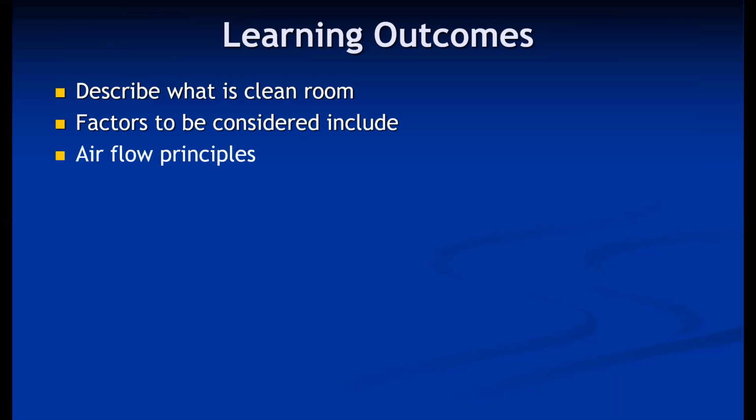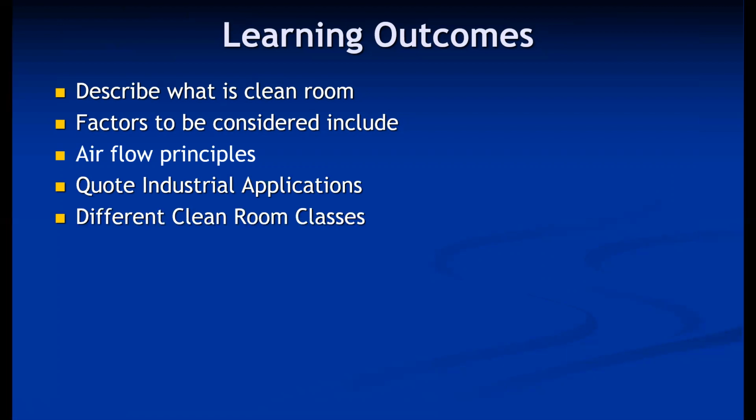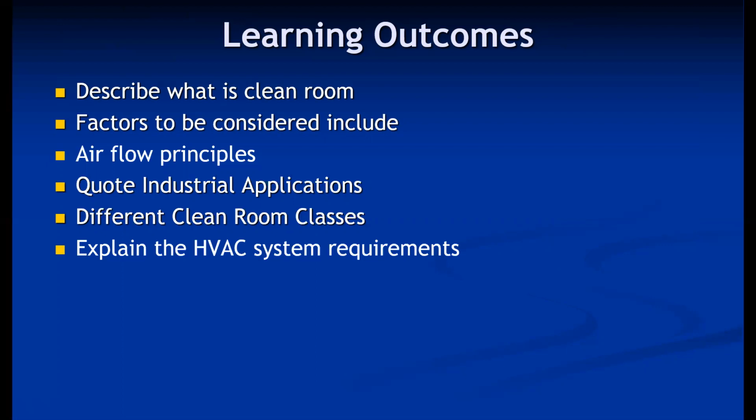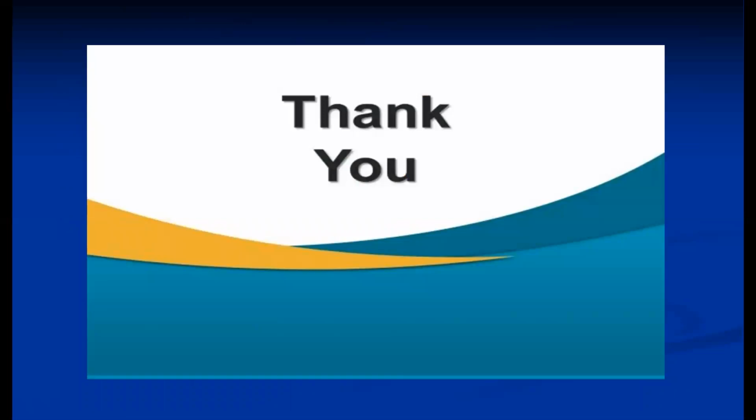Then you should be able to discuss the airflow patterns to be adopted, quote some industrial applications of the clean room, and explain how the classes are designated: what you understand by class 1, class 10, class 100, and what this number indicates. Then you should be able to explain the requirements of the HVAC system, mainly the requirements of filtration and maintaining temperature and humidity.